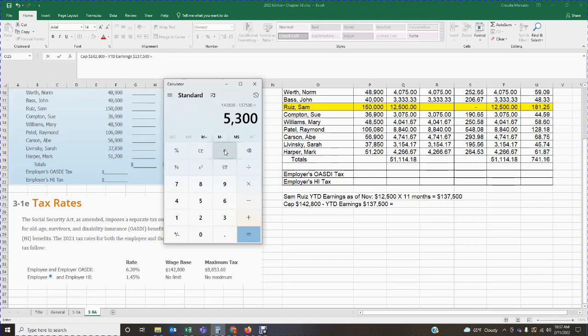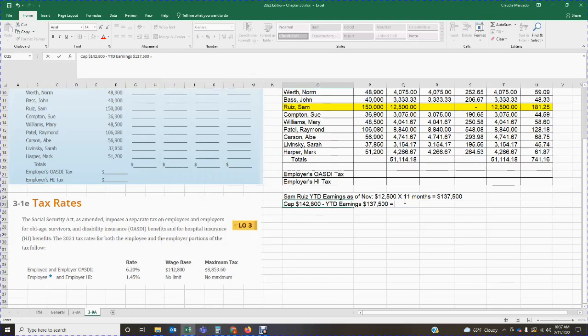Once that cap is reached, I no longer have to pay any taxes. So this tells me that I still need to pay taxes on $5,300. This represents my taxable earnings to reach the cap. I am only going to pay taxes on $5,300.